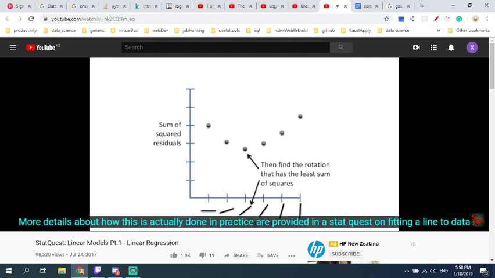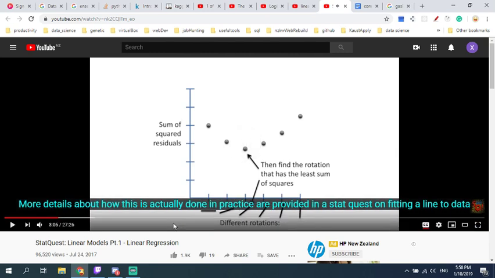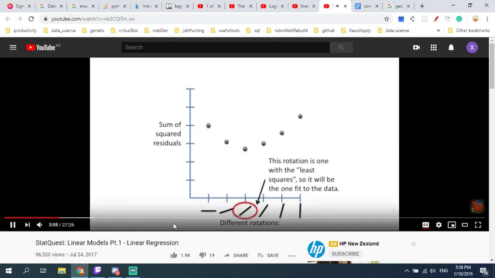More details about how this is actually done in practice are provided in the StatQuest on fitting a line to data.